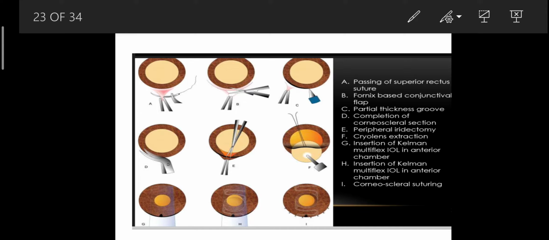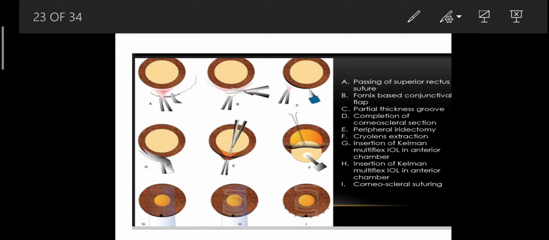Here a very large incision is made, from 9:30 to 2:30 clock position, so almost a 150-degree incision at the limbus, 2/3 depth of the limbal area, followed by a corneoscleral section. The anterior chamber is opened.